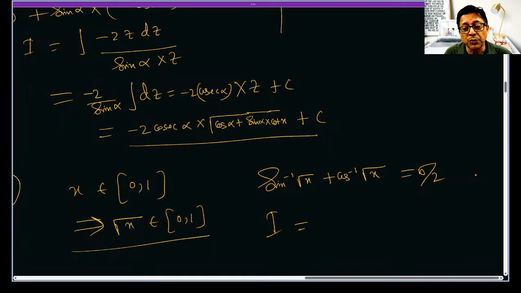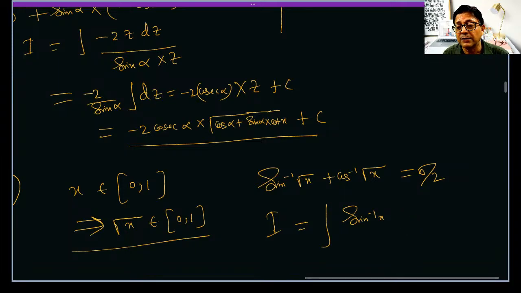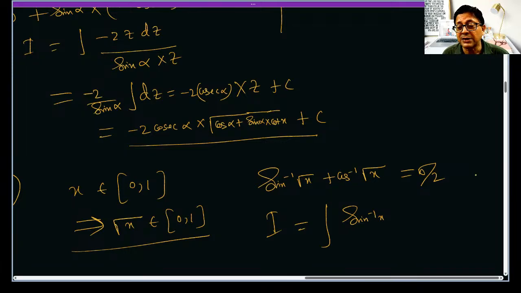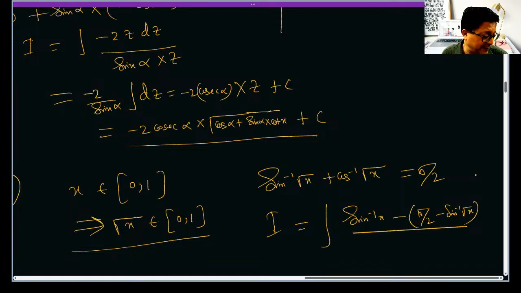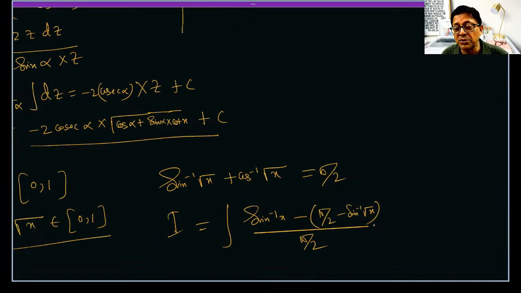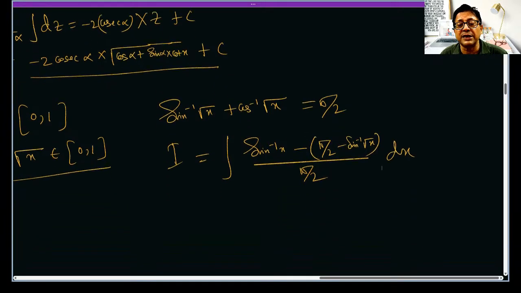So I is changed to sin inverse root x minus cos inverse root x over sin inverse root x plus cos inverse root x. Sin inverse minus cos inverse you find from here. This divided by this is equal to pi by 2. Substitute here also. Since no substitution is done, you just write dx.